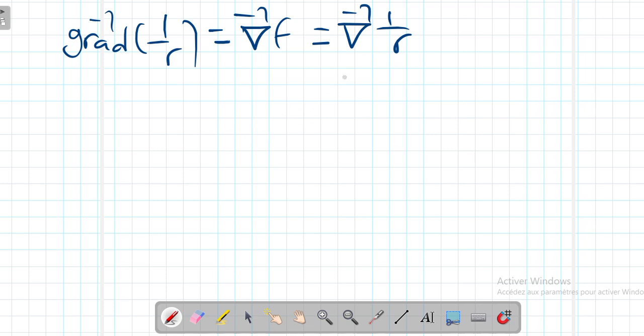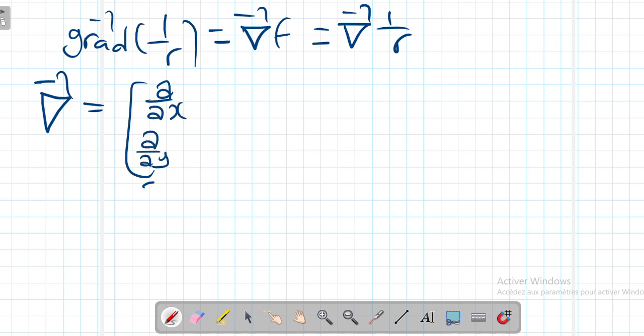Now, what is nabla? Nabla in the Cartesian coordinate system is written as the partial derivative with respect to x, partial derivative with respect to y, partial derivative with respect to z. You complete it like this.